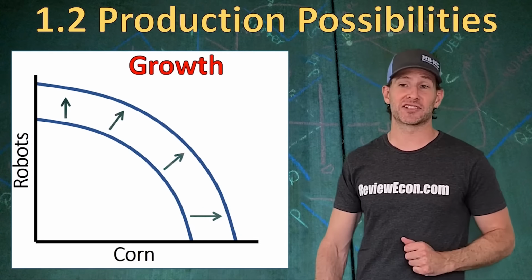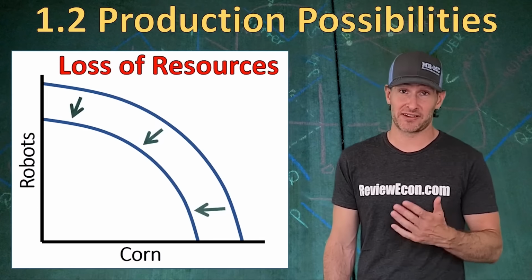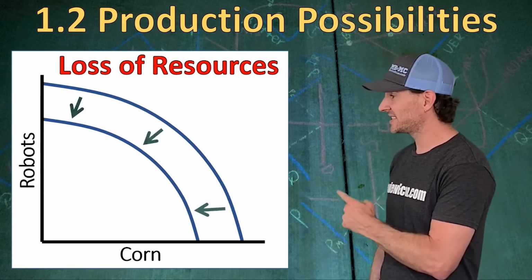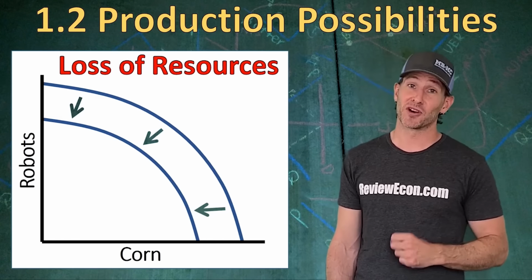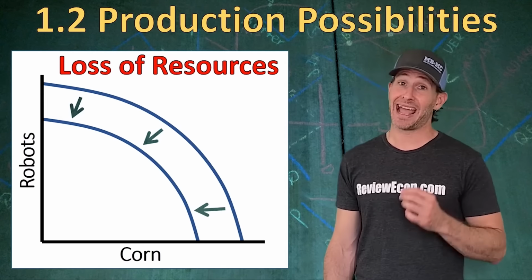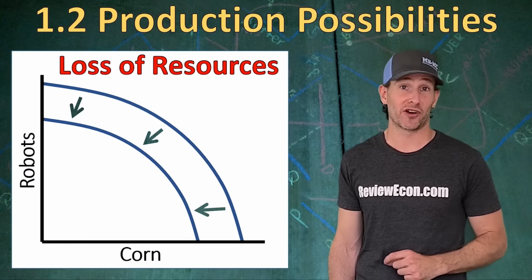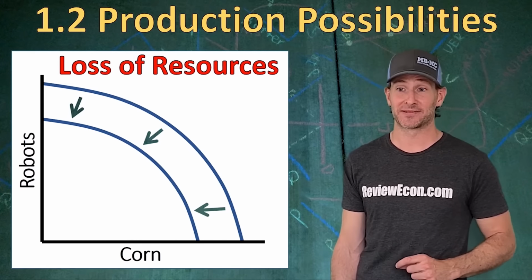If we have a loss of resources, maybe there's a natural disaster that destroys a lot of factories, we might see a shift inward of the production possibilities curve. That means we have fewer robots and corn that can be produced with our current lower level of resources.